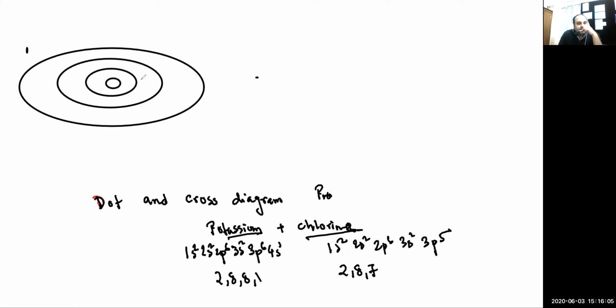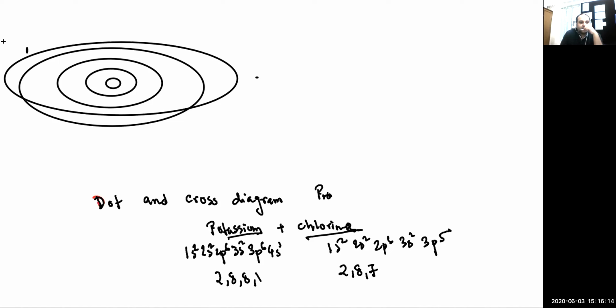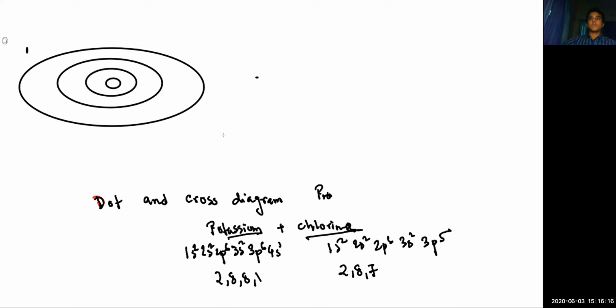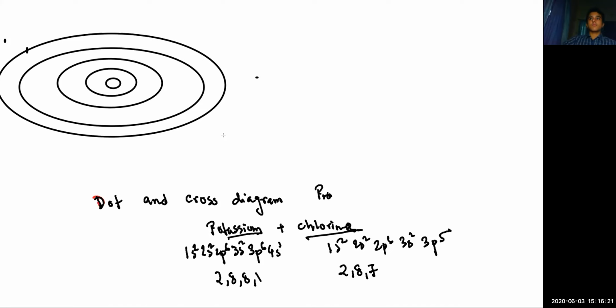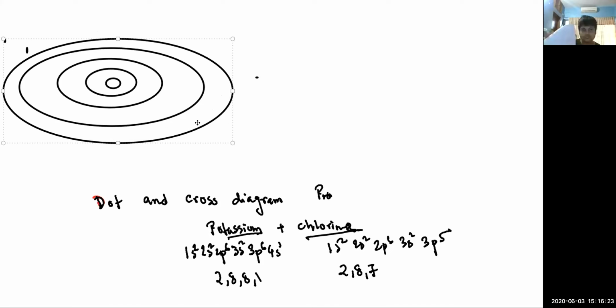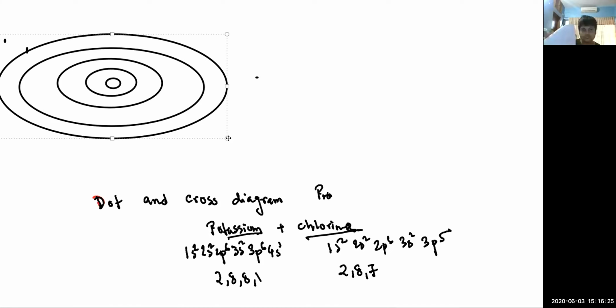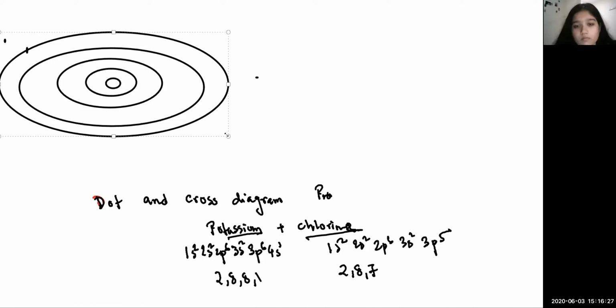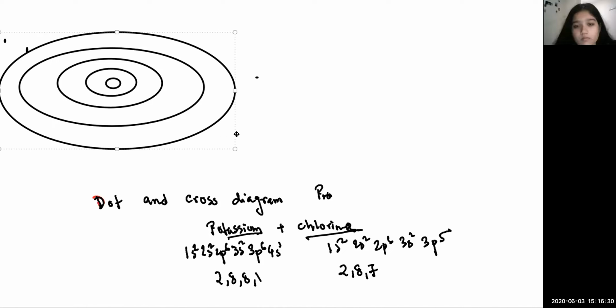There's going to be one more shell, and the distance between the shells will keep on increasing.